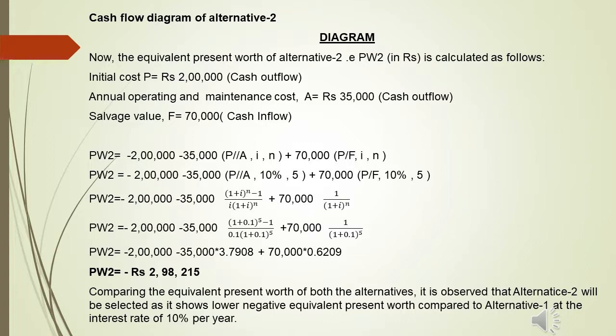P by A will be replaced by A by P, and the second bracket, P by F, will be replaced by A by F, and then you have to solve for that. Present worth method and annual worth method, you will understand. We'll go further in the further problems.